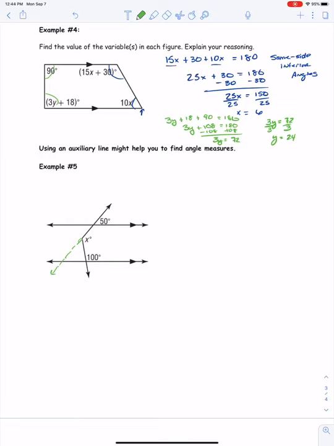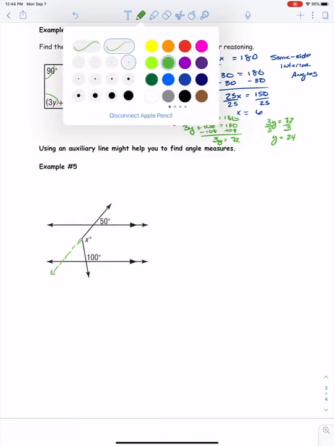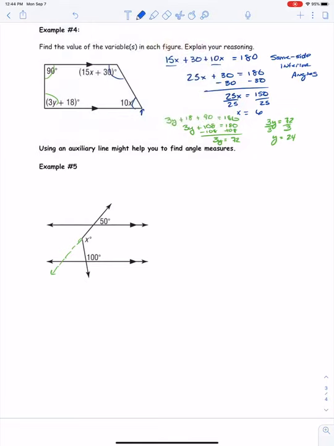So why did I do that? Well, I want to create some relationships with that transversal that I know. By continuing that auxiliary line, I can look at this angle here, and I can look at this angle here, and they are what we call what?